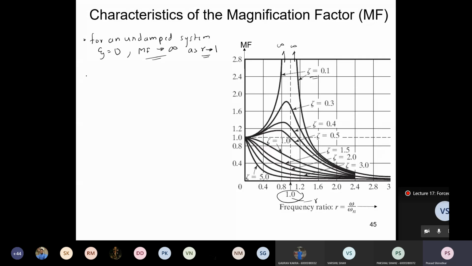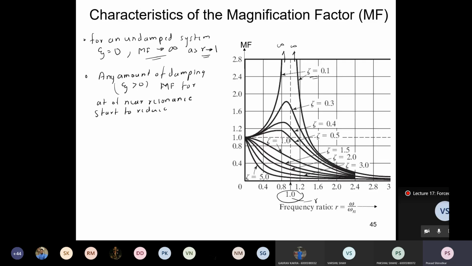Okay. Now, as soon as any amount of damping is introduced, that is when zeta is greater than 0, the magnification factor at or near resonance starts to reduce.